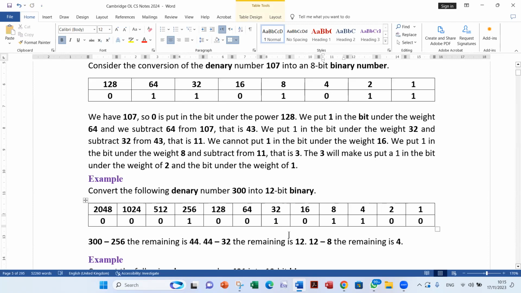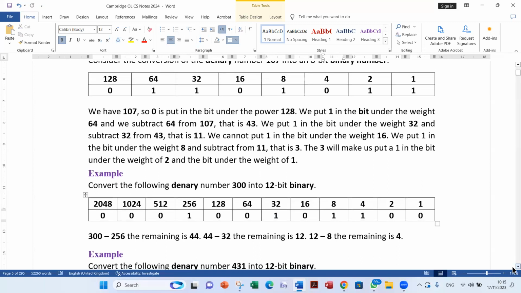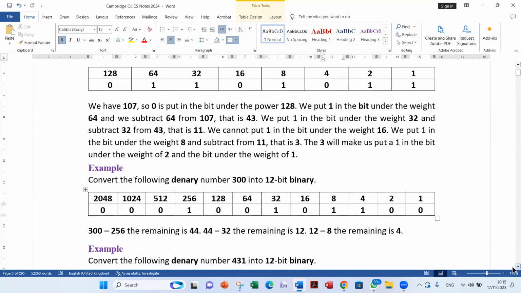Okay, so next, let me give you an even bigger number. The next example is: convert the following denary 431 into 12 bits. Actually, anything greater than 255 cannot fit in 8 bits.